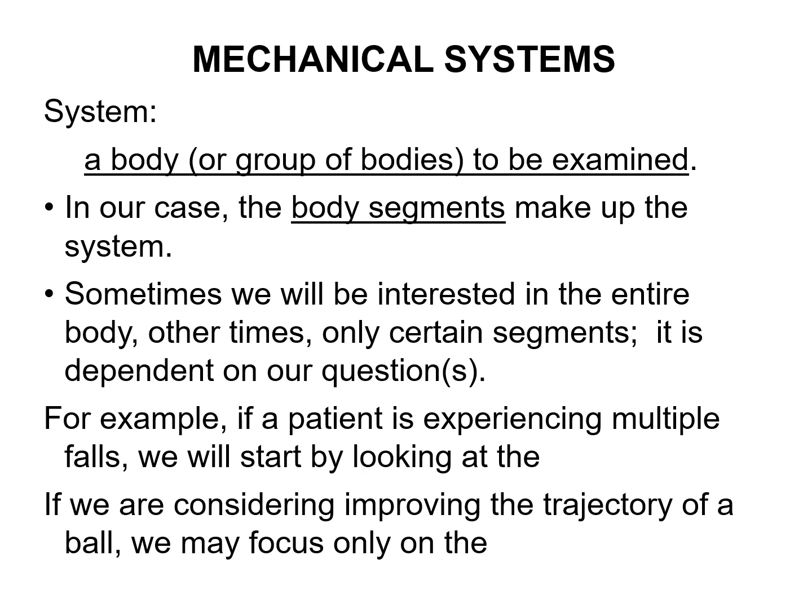We're looking at just the segment, okay? So for example, if a patient is experiencing multiple falls, we start by looking at the entire body, but then we may look at other segments of their body. If we are considering improving the trajectory of a ball that's thrown, we would focus on only the throwing arm. So we're looking at just the throwing arm segment of the entire system.